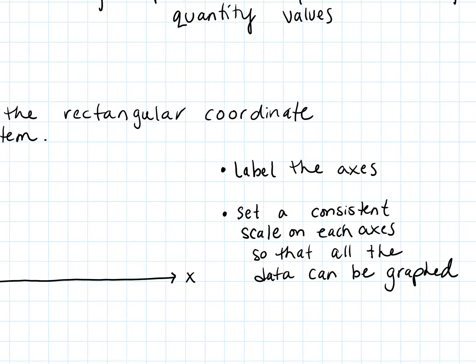So we are going to pick a scale so that we can make sure we get all the data graphed, that all the data points will be covered by our scale, and it has to be consistent.